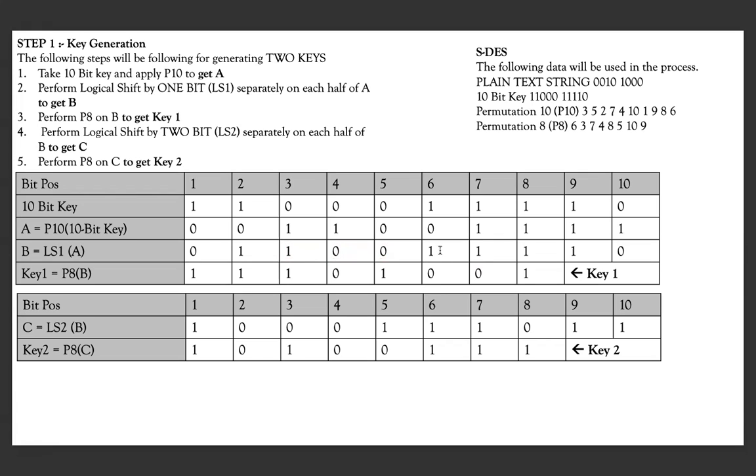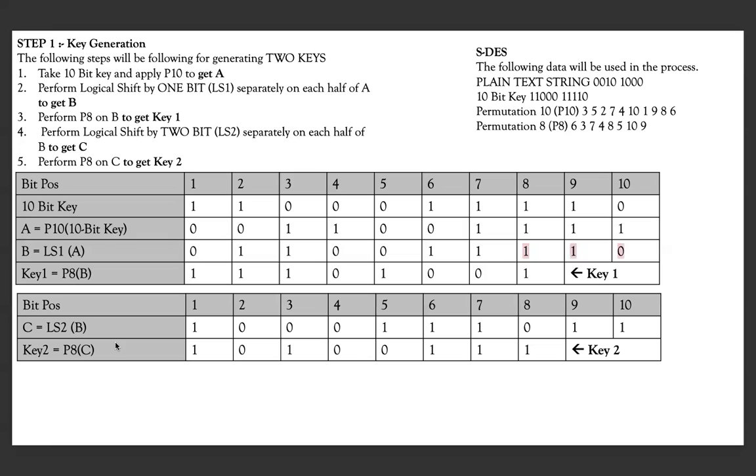Then same thing goes over here. This time I'm going to take these 3 bits and they will become at the start, followed by 1, then another 1. So basically 1, 1, 0, 1, 1.